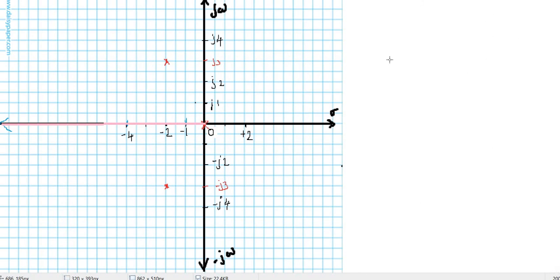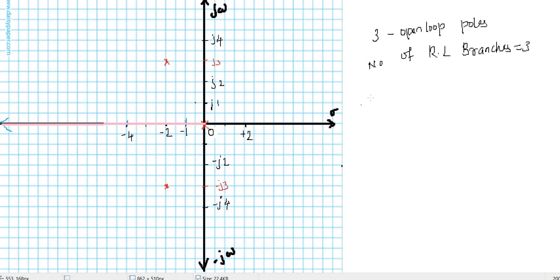How many root locus branches are there in this question? Since there are 3 open loop poles, the number of root locus branches is equal to 3.